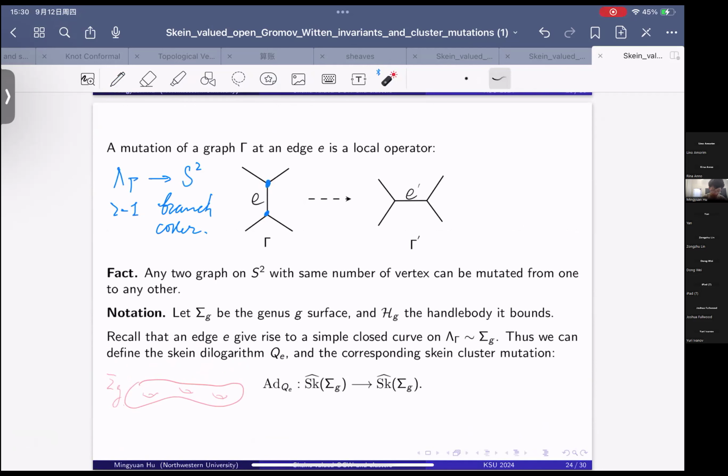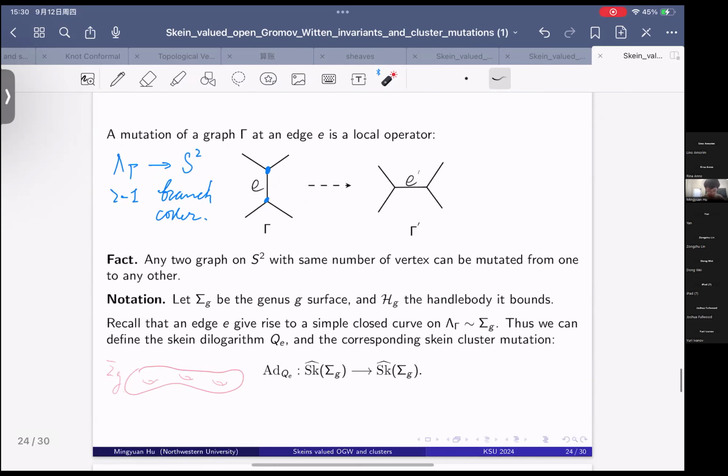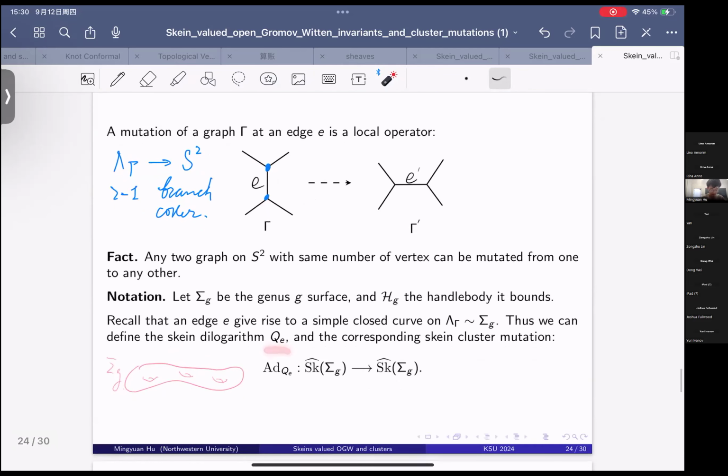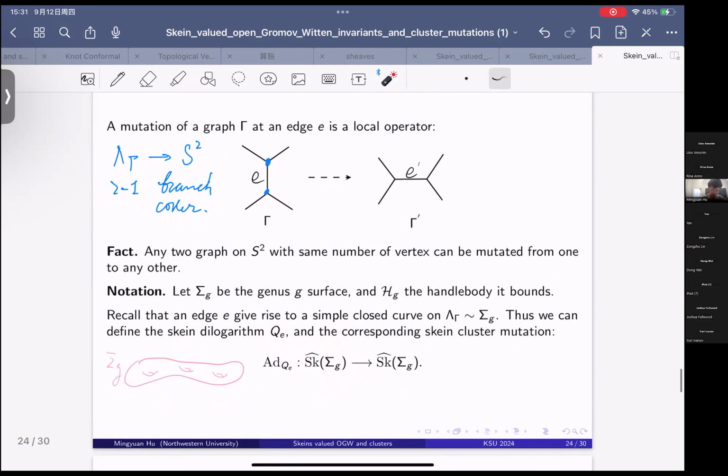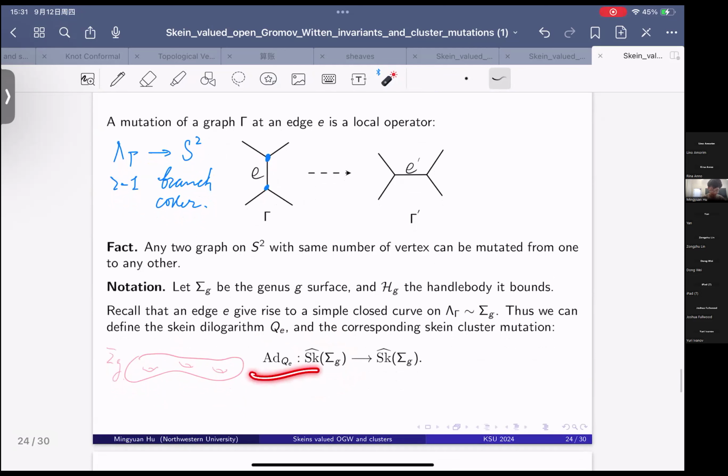So whenever I write an edge E, above E is actually a simple closed curve on lambda gamma. So for each edge E, we can define a quantum skein dilogarithm living in this algebra. And then for each edge E, we can define a cluster mutation.